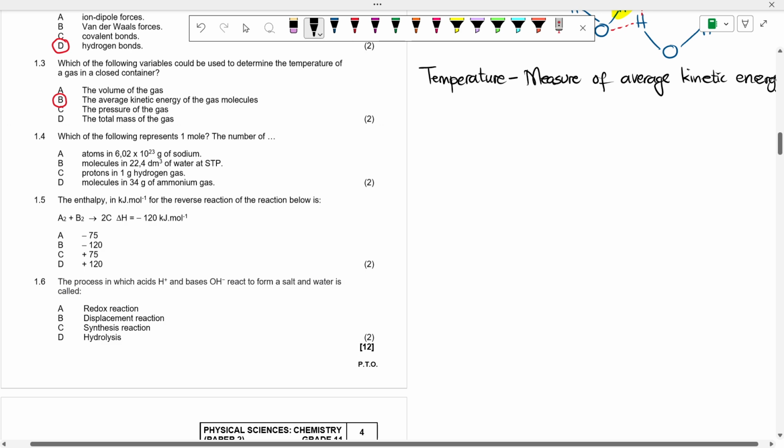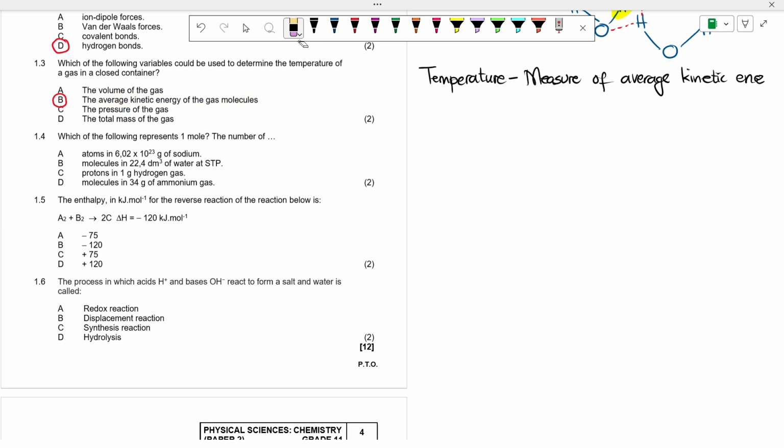But what makes it hot is actually the movement of particles. They are moving faster. That increases energy, and that's what gives you the hotness. So if you remember that definition, it was going to be easy to identify that B is the correct answer in this case.